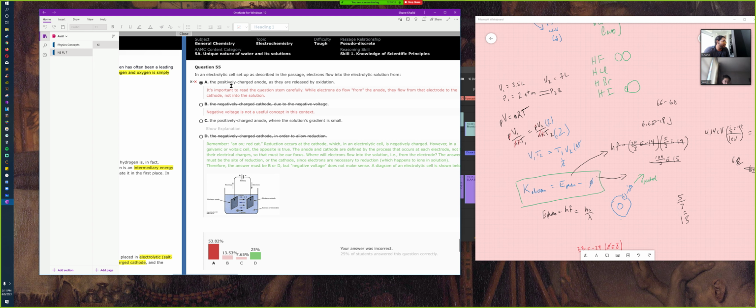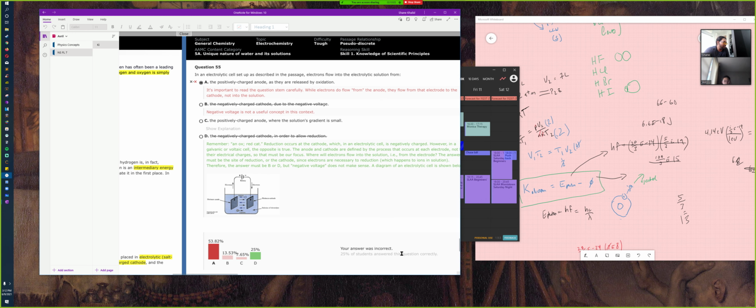So that's why it says positively charged anode, right? That would be the case for galvanic, but what's going to happen is that the cathode, aka reduction, aka gains electrons, will be basically negative.